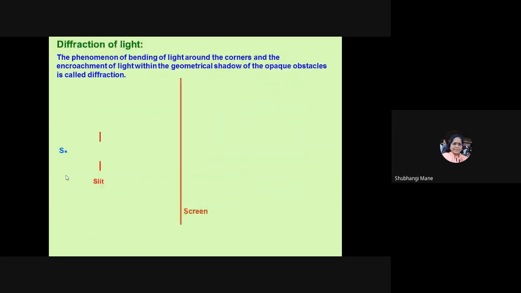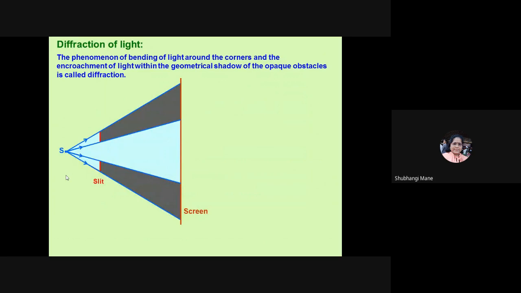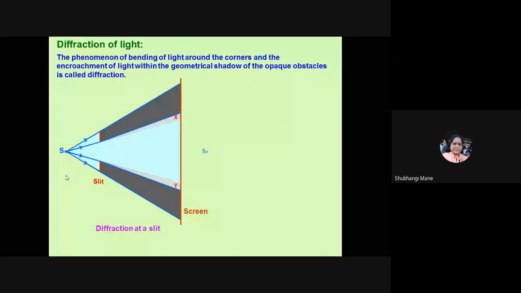Okay, what is diffraction? Diffraction is simply the phenomenon of bending of light beam around the corners and the encroachment of light within the geometrical shadow of opaque obstacles.